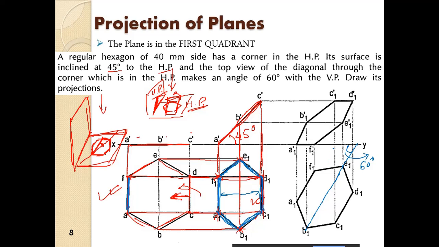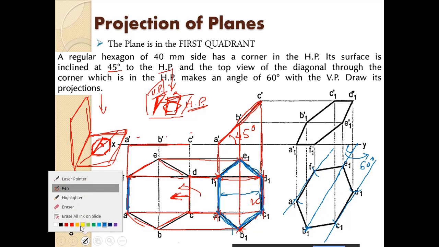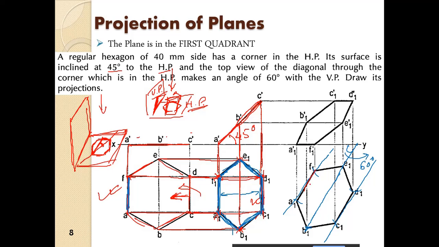We draw the offsets here, and then we measure the dimensions here and cut the offsets here. Again, from this dimension we obtain this point. From this point we obtain these two points, and ultimately we complete the top view. So this is the top view. Now what about the front view?